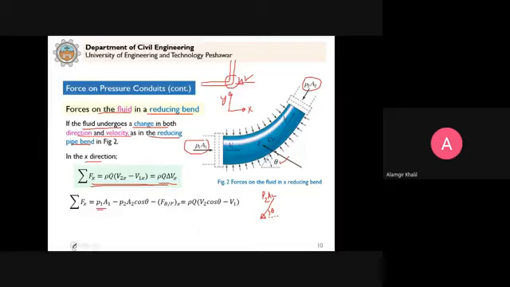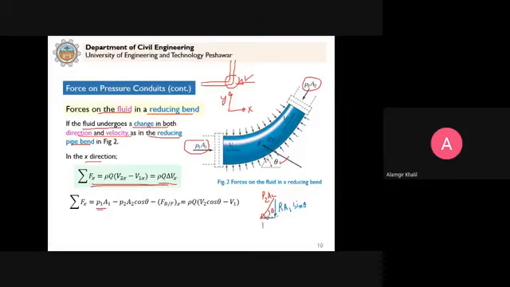So there will be two components of this. One will be this component here, which will be equal to P2 into A2 sine of theta. Sine is always opposite to the angle, sine of theta.